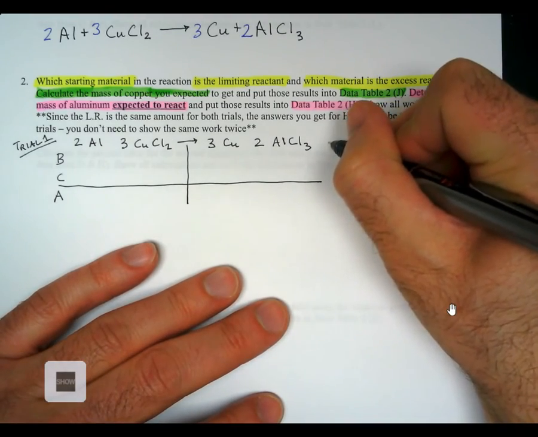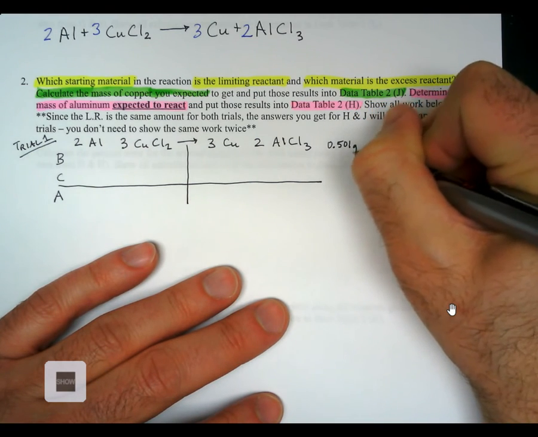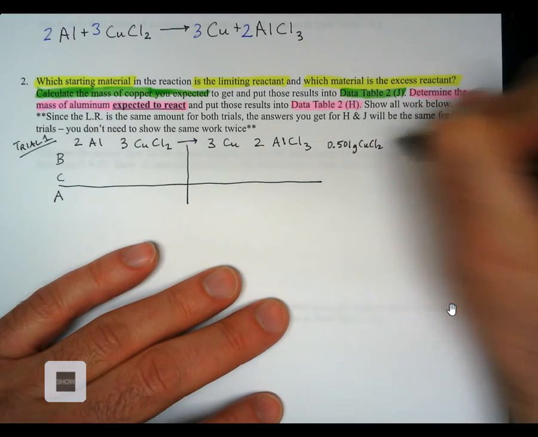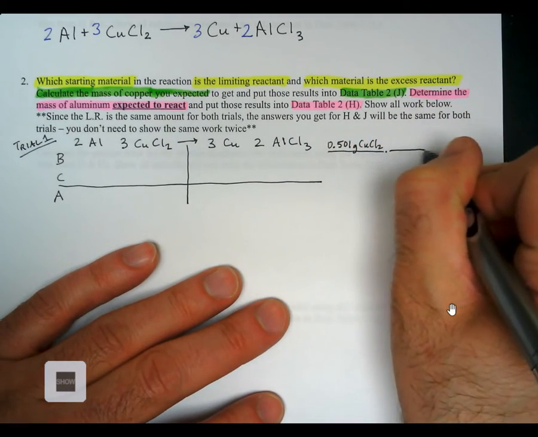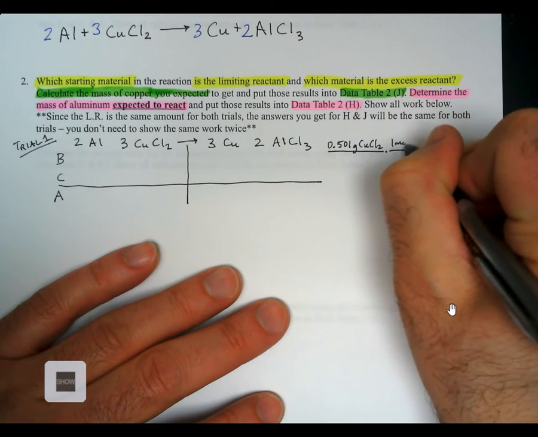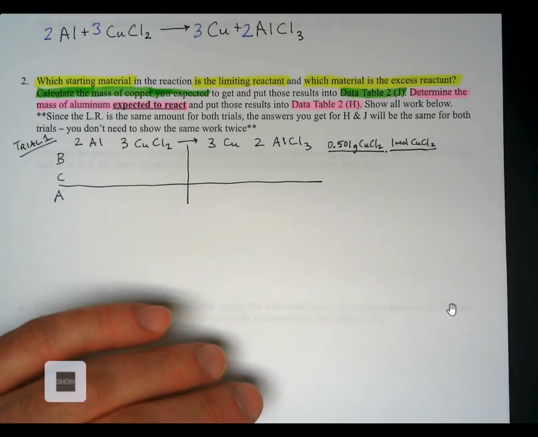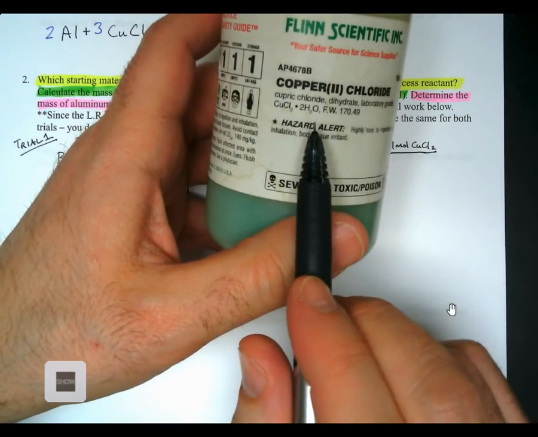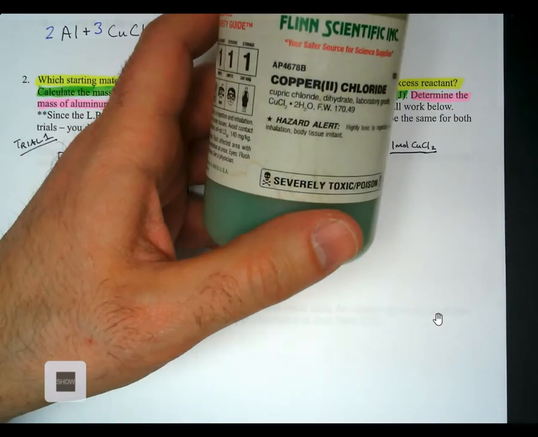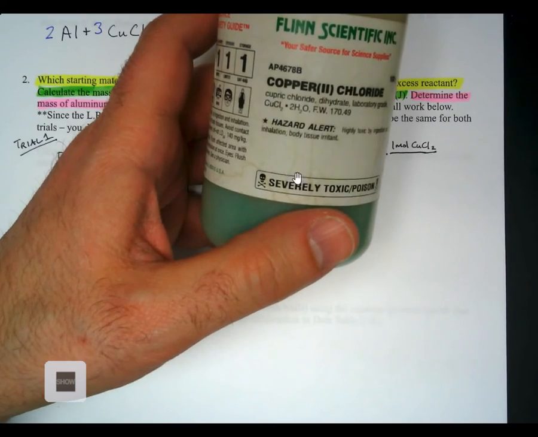So 0.501 grams of the CuCl2, we're turning it into moles. Now here's where the hydrate comes into play. The .2H2O is actually part of the compound, so when we're getting the mass for the grams to moles, we have to include that.